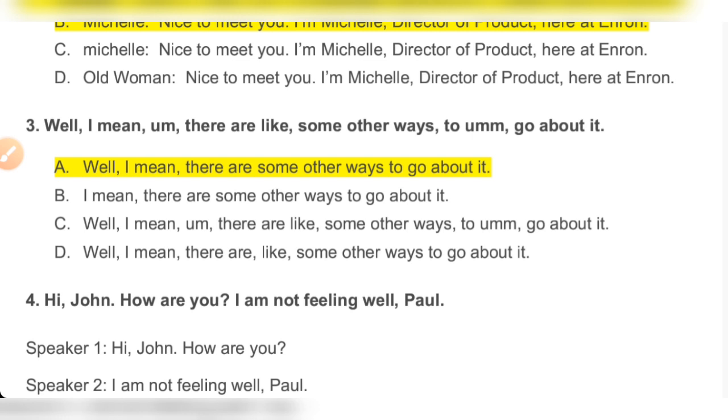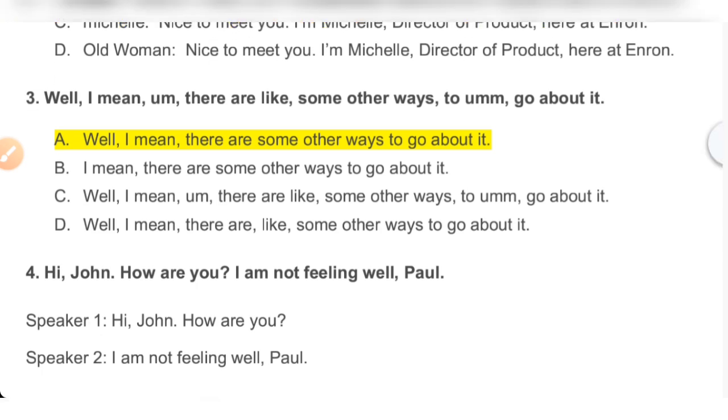So these are four different options and the correct option is option A. Well, then comma, and then I mean, again comma. There are some other ways to go about it. So this is the correct option.